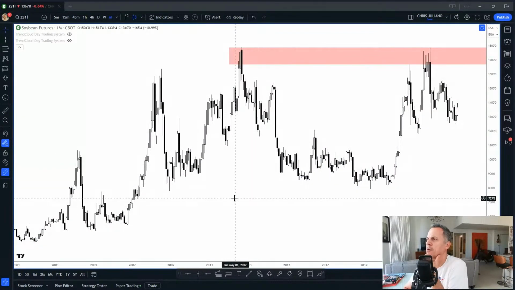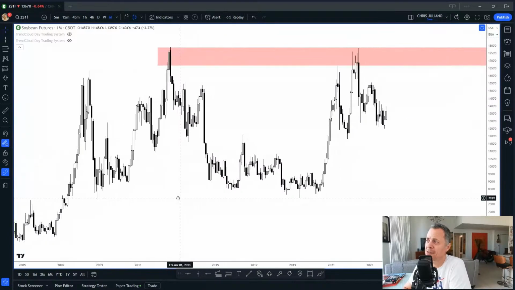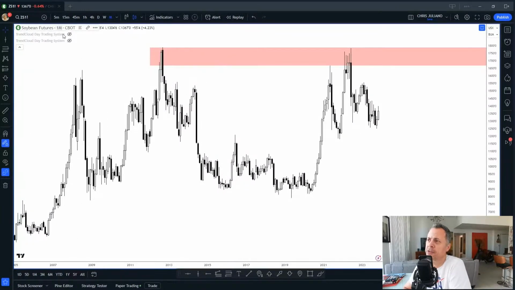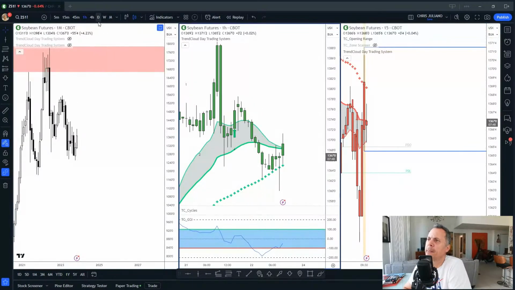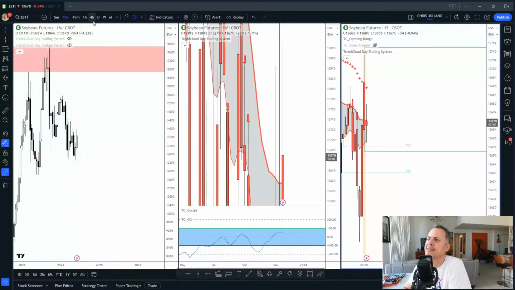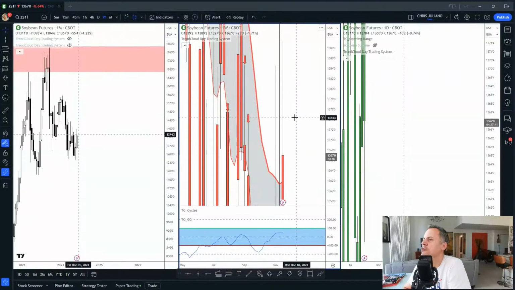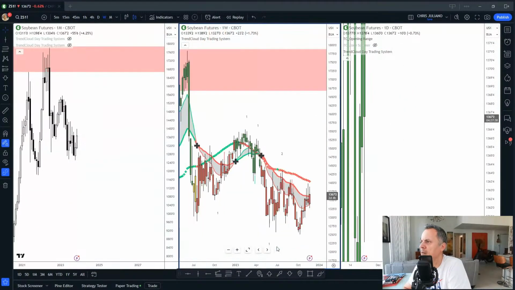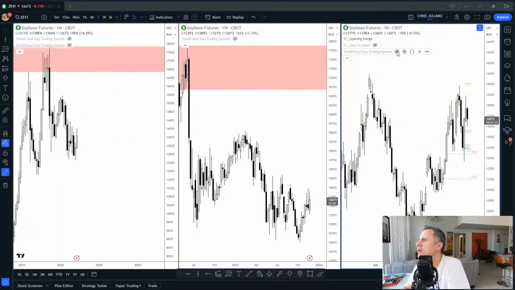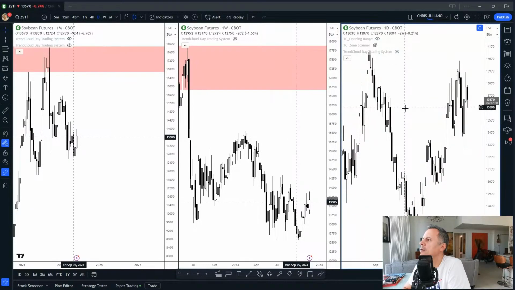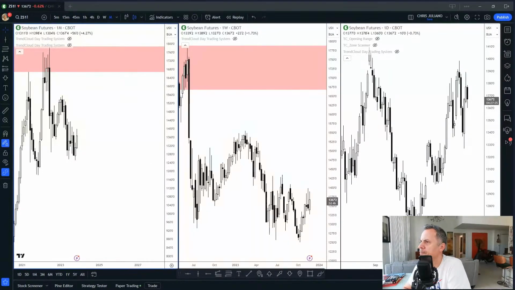Remember, this is really one of the best ways to approach agriculture, looking at these high time frames. This is the monthly chart. Let's set our time frames up as monthly, weekly, and daily. And let's just turn everything off, recalculate, and look at this. Okay, recalculate. Good. So let's start with the monthly.